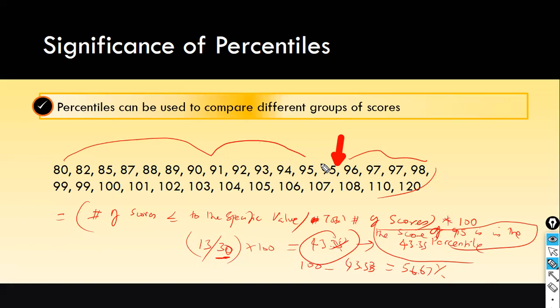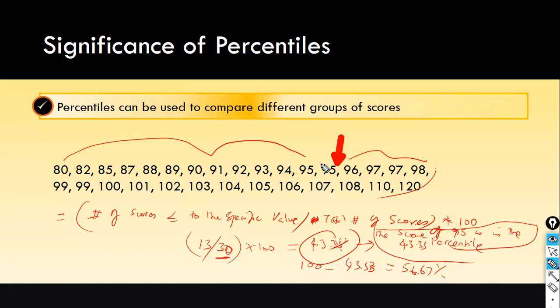Okay, let's say a person is standing in the 95th percentile. That means 95% of employees in your company, or in the sales team, are below you. Let's say your sale is 1,23,000 or something like that.